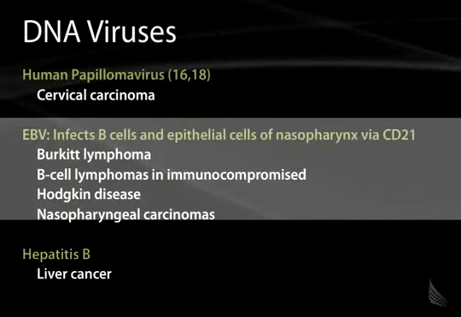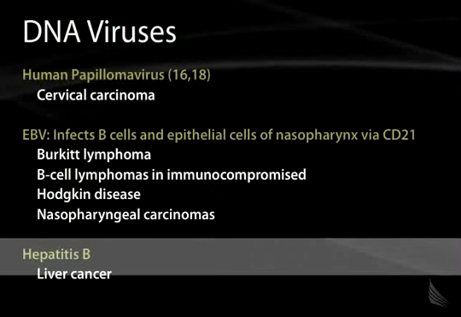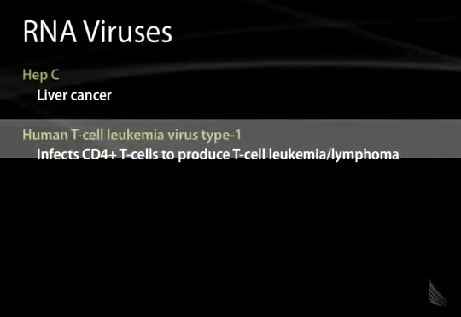Epstein-Barr virus likes to infect B cells and epithelial cells of the nasopharynx. It can lead to the development of various tumors, including Burkitt's lymphoma, B-cell lymphomas in immunocompromised patients, Hodgkin's disease, and nasopharyngeal carcinomas. Hepatitis B is involved in the development of hepatocellular carcinoma, as is hepatitis C. Human T-cell leukemia virus type 1 infects CD4 positive T cells and can produce T-cell leukemias and lymphomas.